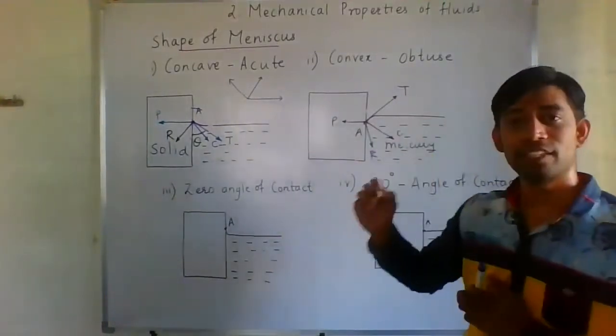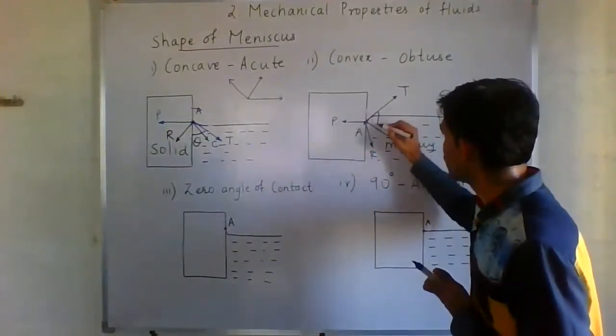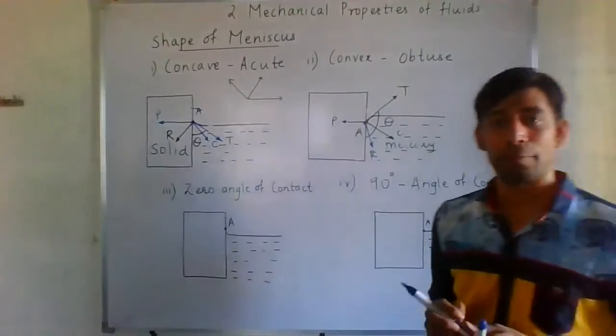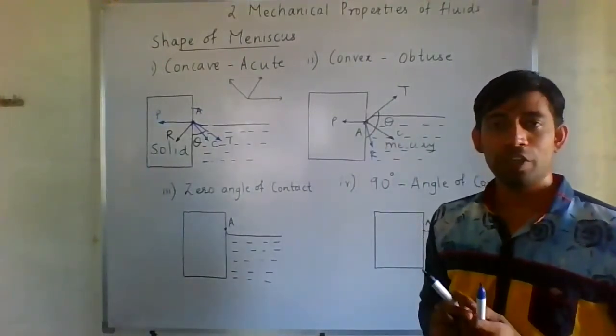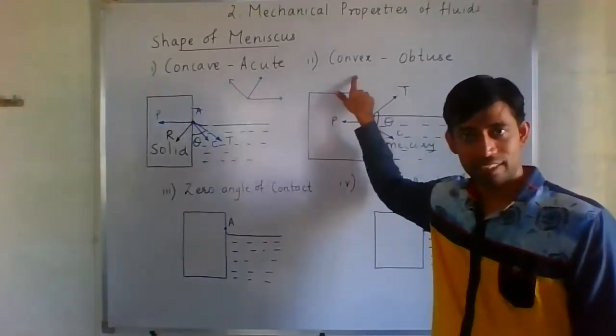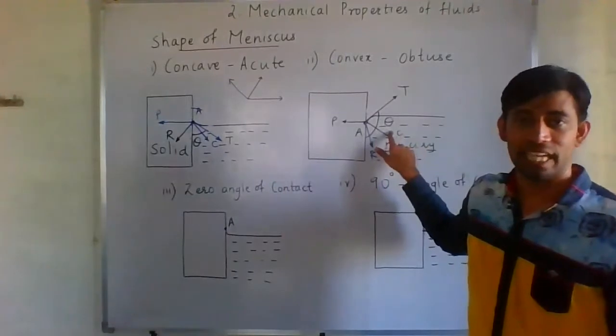And when you measure the angle inside the liquid, like I can see it over here, this is the angle theta. So what you can observe is that the meniscus in this case becomes convex, and the angle of contact is very well seen as theta.